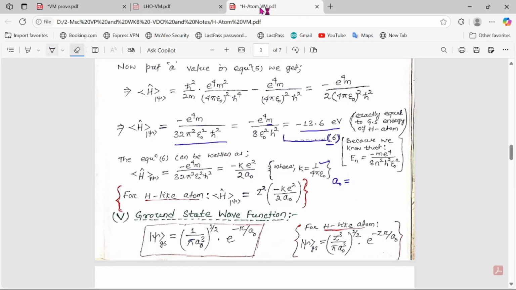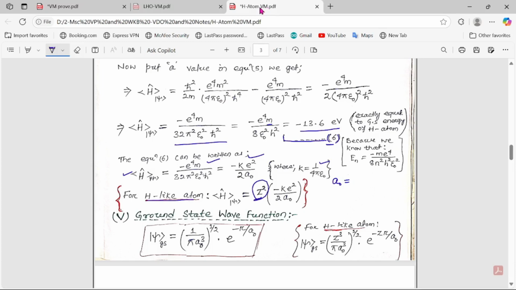Now this is the ground state expectation value of the Hamiltonian. We found this one. If we consider a hydrogen like atom, the value will be the same, only z square will be multiplied, where z is the atomic number: minus z square k e square by 2a naught.